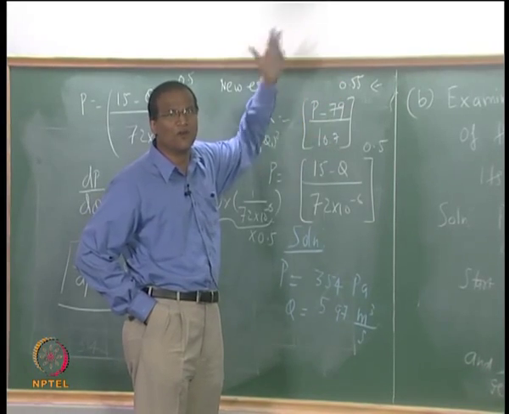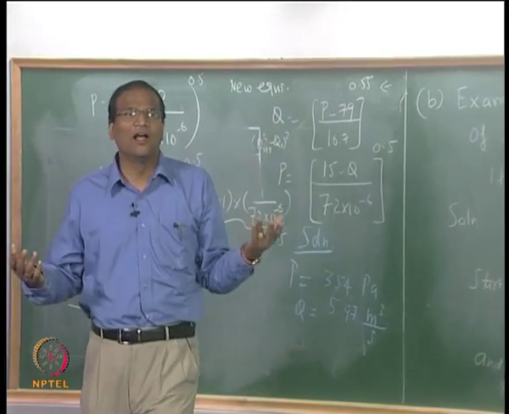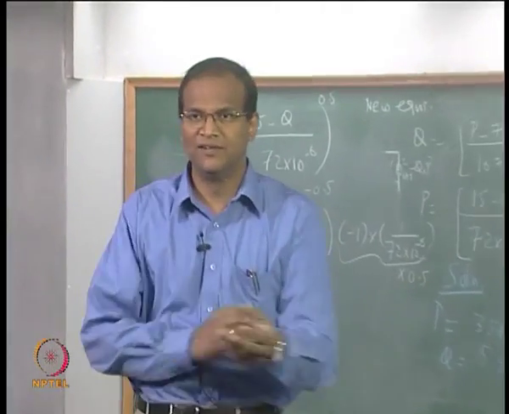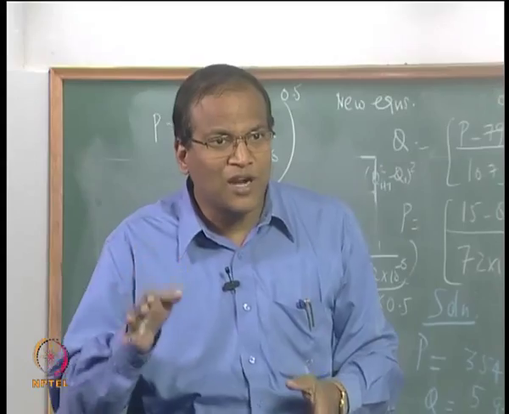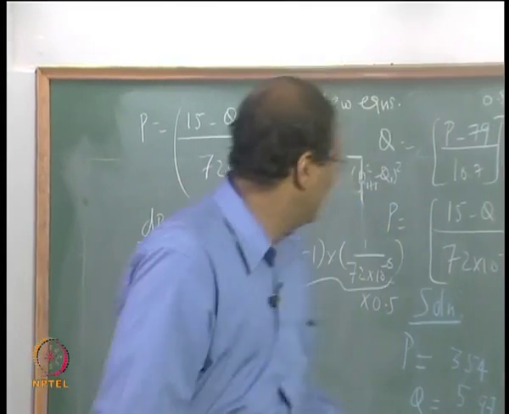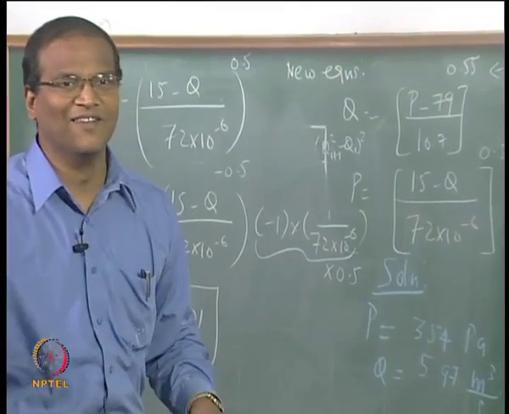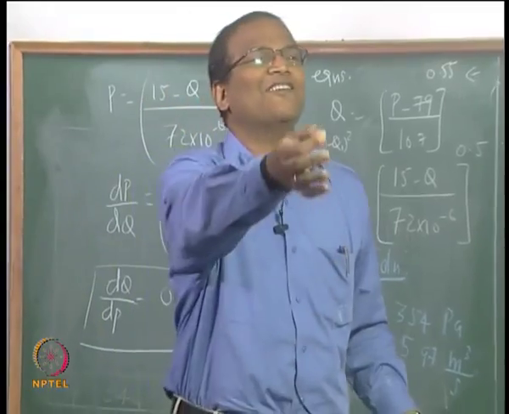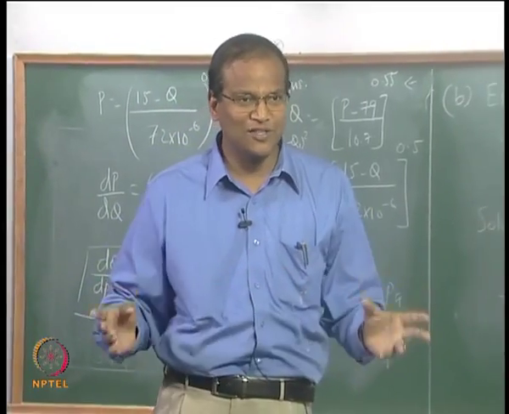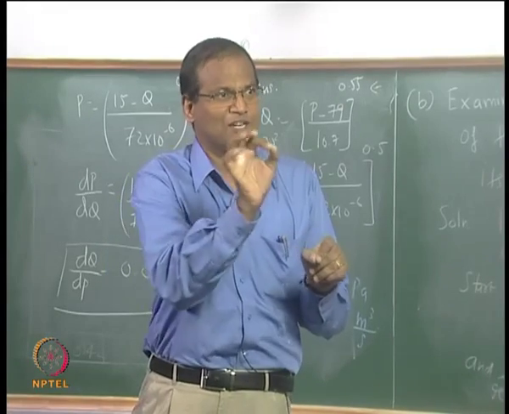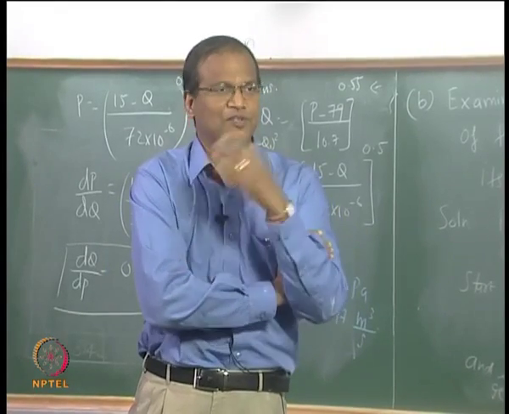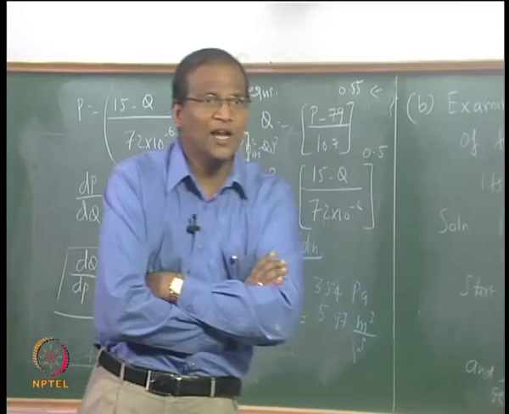When you raise something to the power of 1.8 or 2, mischief is guaranteed, unless you are so smart that you start at 354 Pascal and 5.97 meter cube per second. I do not know whether the other information flow diagram works when you start very close to the true value, right.